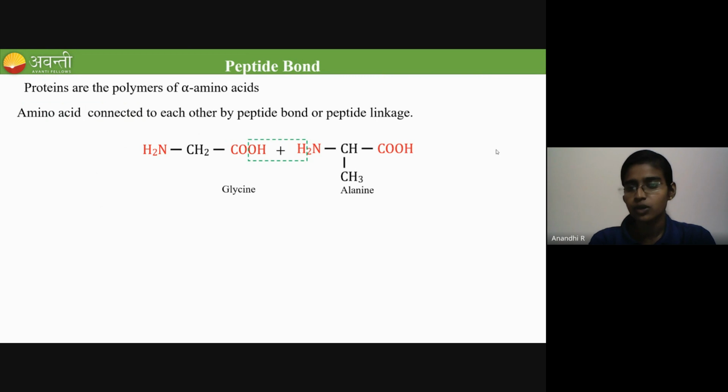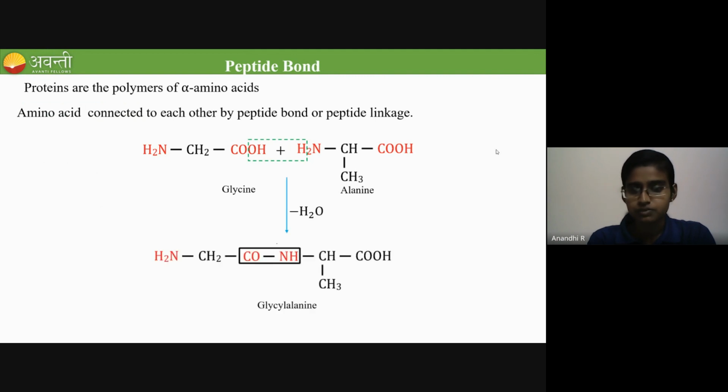Now these two amino acids react with each other, and a water molecule gets eliminated. On removal of H2O, we remove the OH from one amino acid and H from the other amino acid. The removal of H2O leads to a molecule called glycyl alanine.